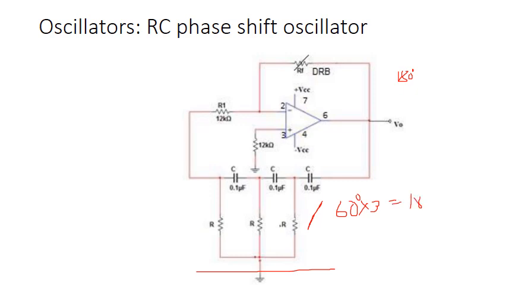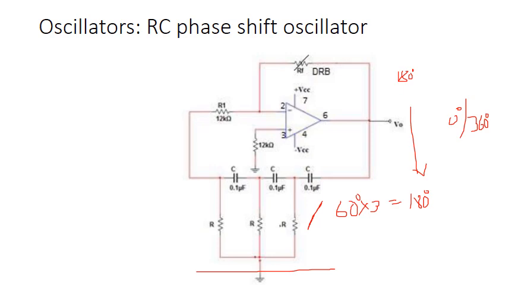So the total phase shift is 0 degree, or 360 degrees. So this is one of the conditions for sustained oscillation.